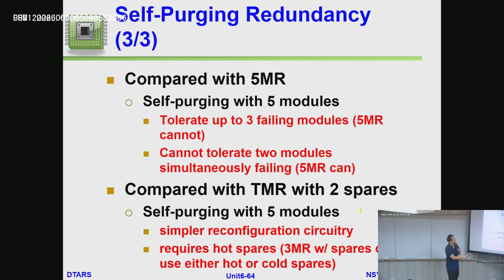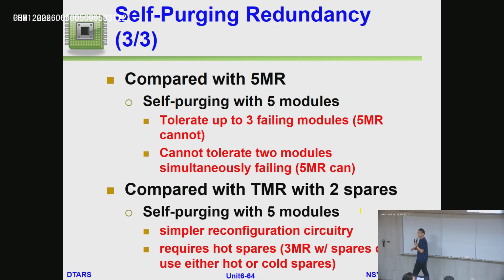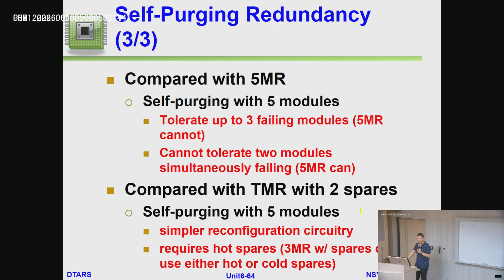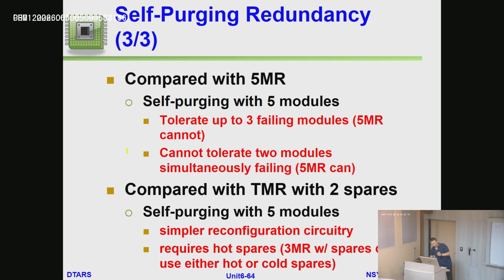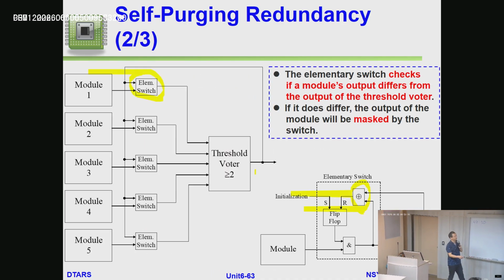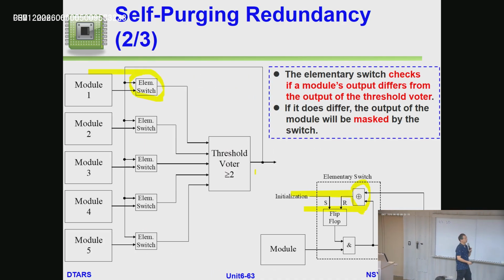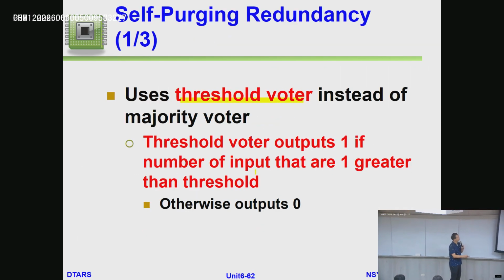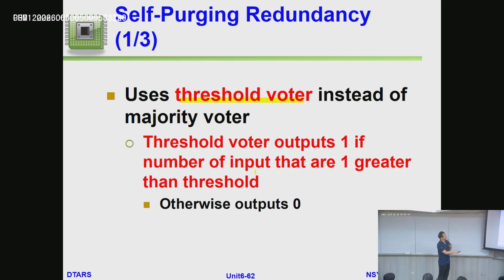It cannot tolerate 2 modules simultaneously failing. The keyword here is simultaneously, which means at the same time. For this self-purging method, its threshold voter's function is to find whether any 2 of the inputs are 1. So there is one drawback.